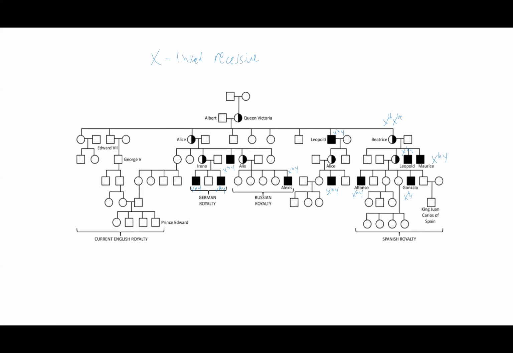So every single female that has an offspring that has hemophilia has to be X big H, X little h. They're heterozygous. So we still talk about females in this case as being homozygous dominant, heterozygous, or homozygous recessive because they're still carrying two alleles. We just call the males hemizygous because they're only carrying one allele.